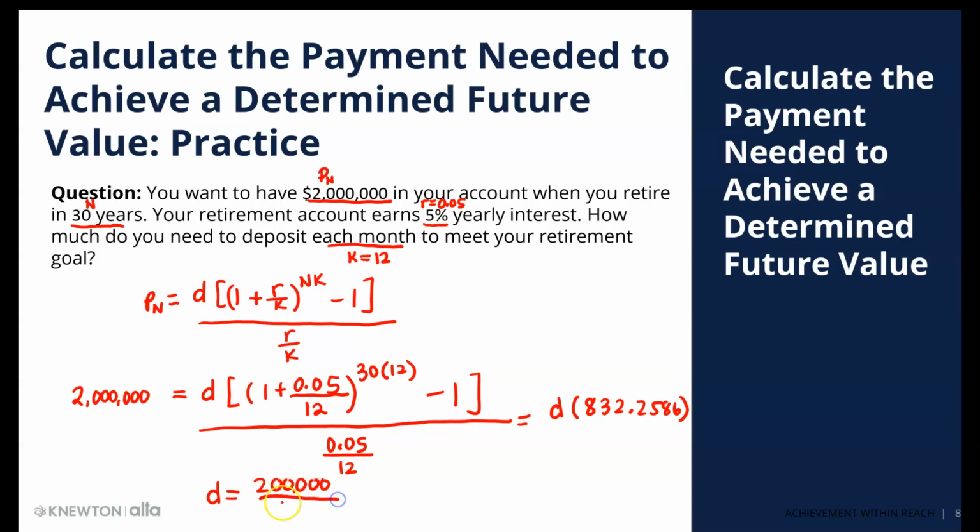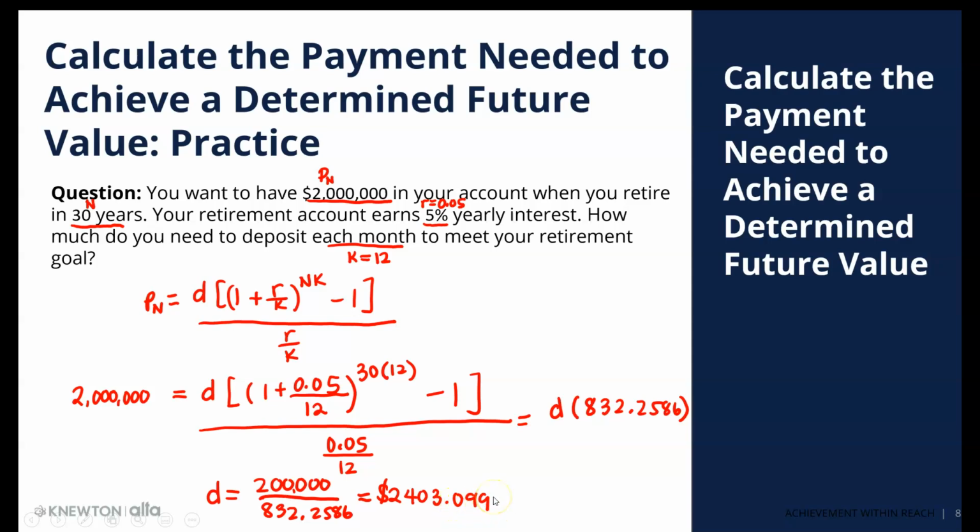by 832.2586. And that will give you 2,403.099. So this is the amount that you need to deposit every month, 2,403.099.